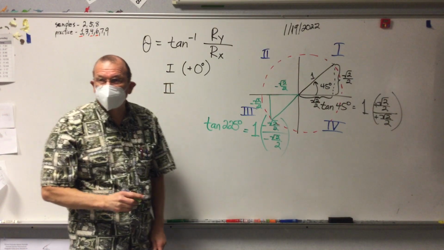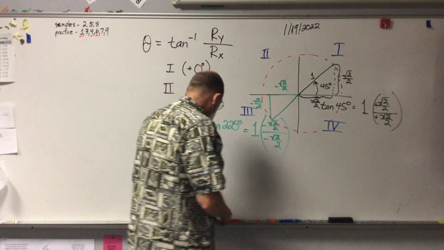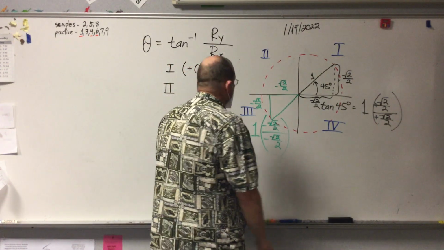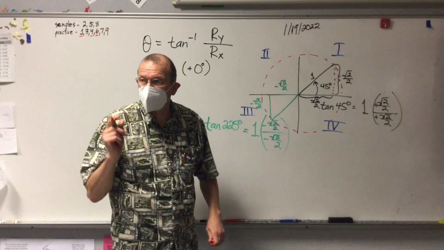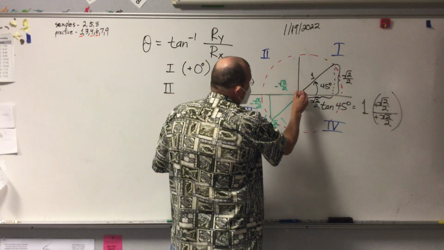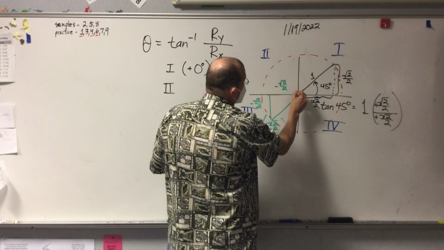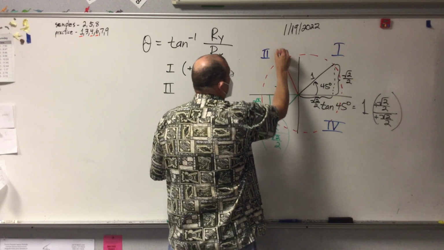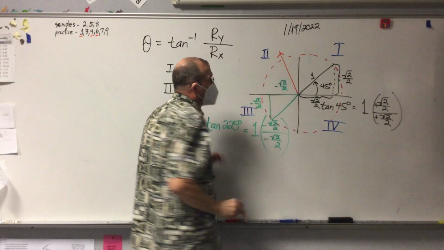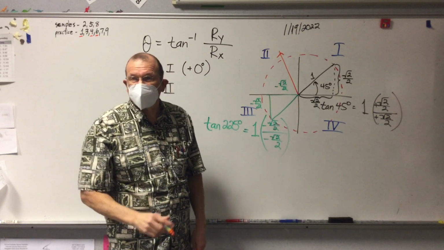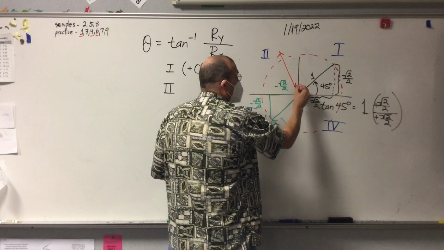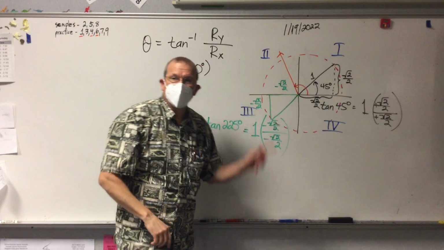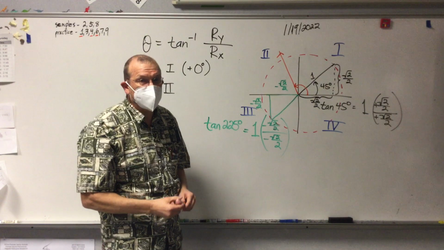If you're in quadrant 2, and I'm just going to make up an answer here, let's say you have that vector as your answer, and you want this angle. Your calculator will not give you that angle.